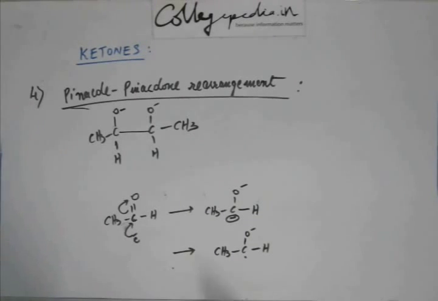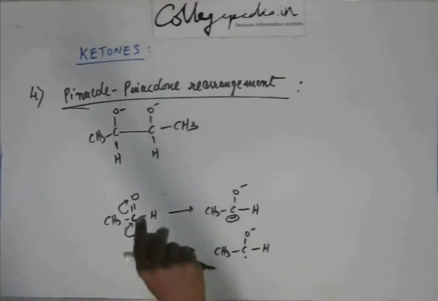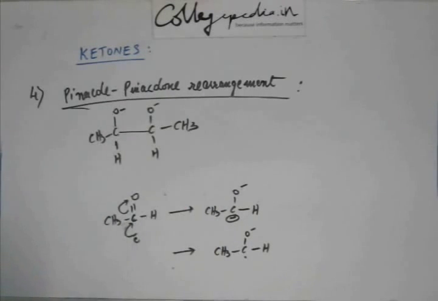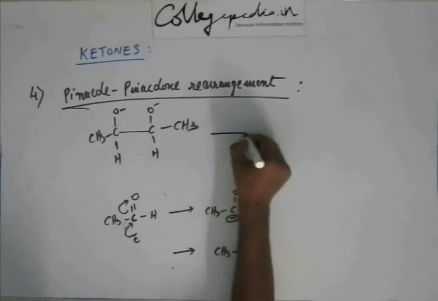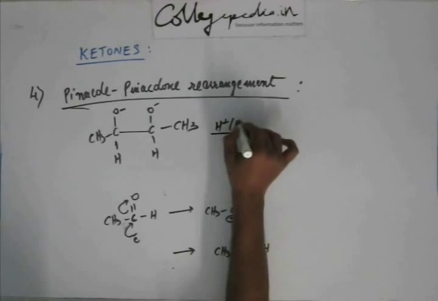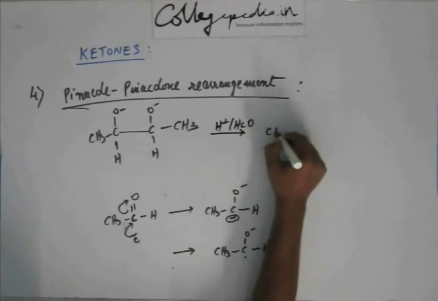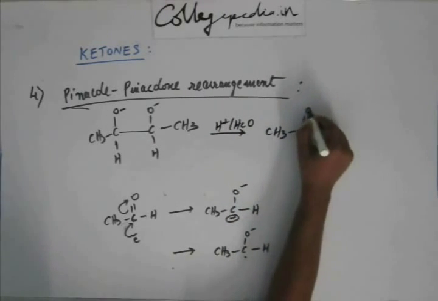That's it. Now when you add H+ from outside, then these two O- will be neutralized, and you will have OH and OH. So when you add H+, H2O, then you get Pinacole.